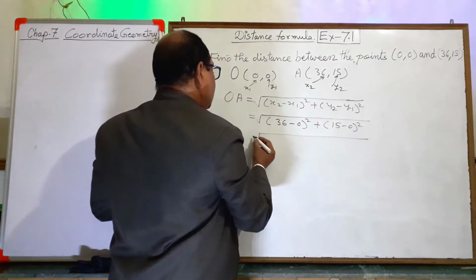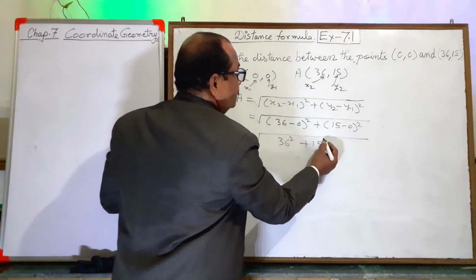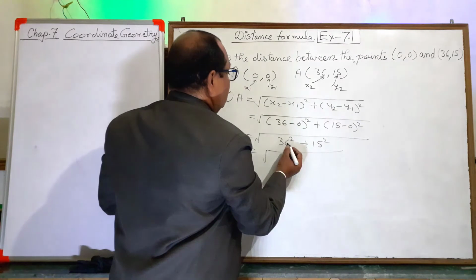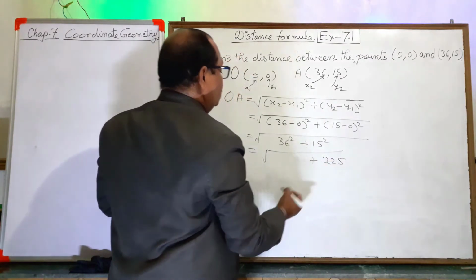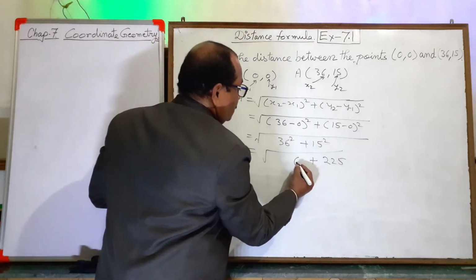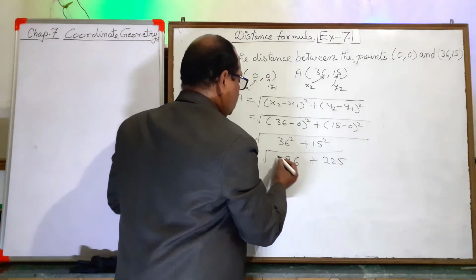Now simplify and find their squares. You can see the square of 15 is 225 and the square of 36: 6 sixes are 36, carry 3, 9, 12.